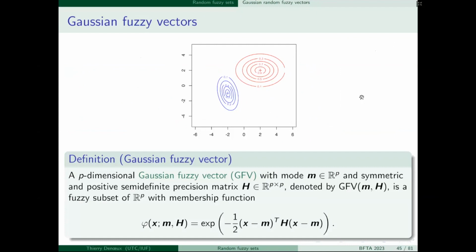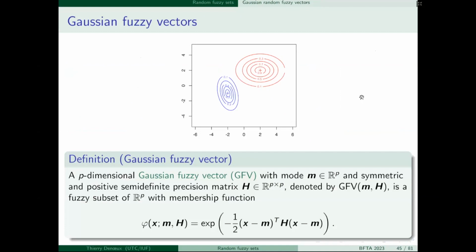It's a fuzzy subset of R to the P with a Gaussian membership function defined like this. Now x is a vector, and the mode is a vector. For example, here in 2 dimensions, this is a mode. And you have a precision matrix, a positive definite precision matrix.